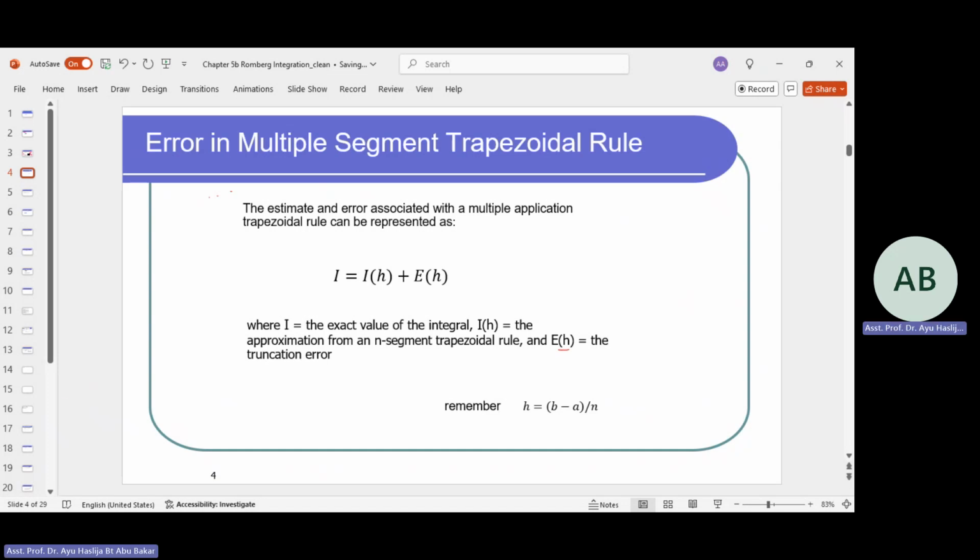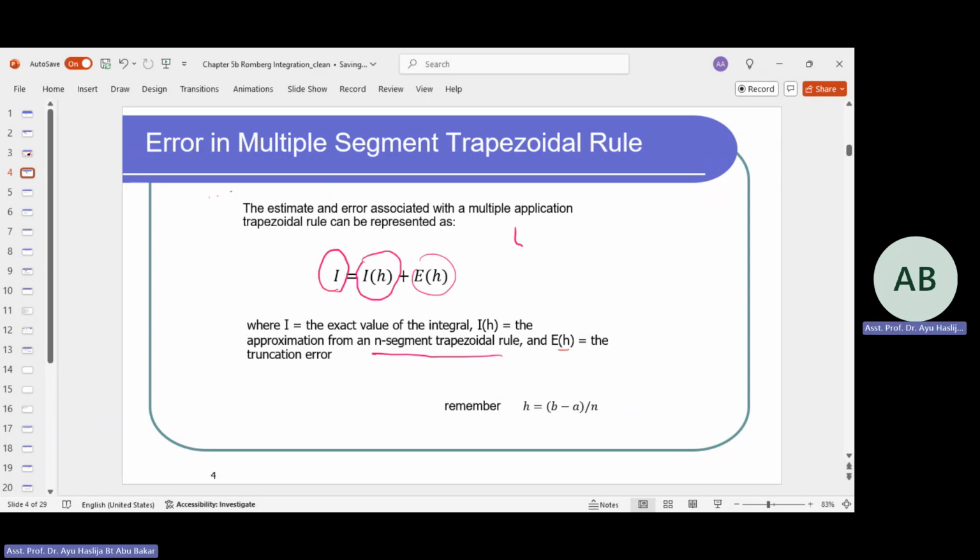Now in trapezoid, we know that the actual integration, I, is the exact value. It is the integration of the n segments, where each segment has its own h, right? So this is the integration at its own h plus the truncation error.